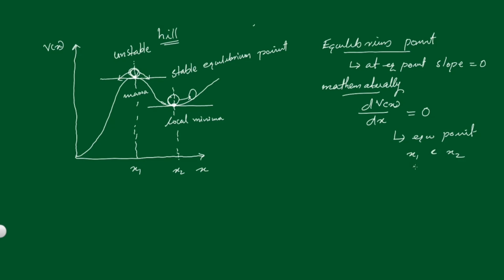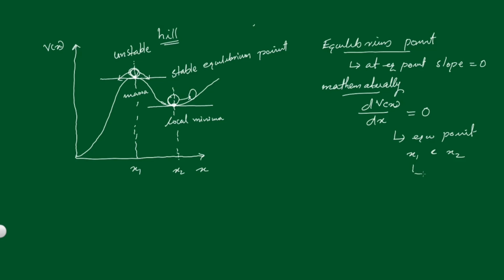But we don't know which one, x1 or x2, is stable. In this graph we know x1 is an unstable equilibrium point and x2 is a stable equilibrium point. So here we know mathematically this is an equilibrium point.